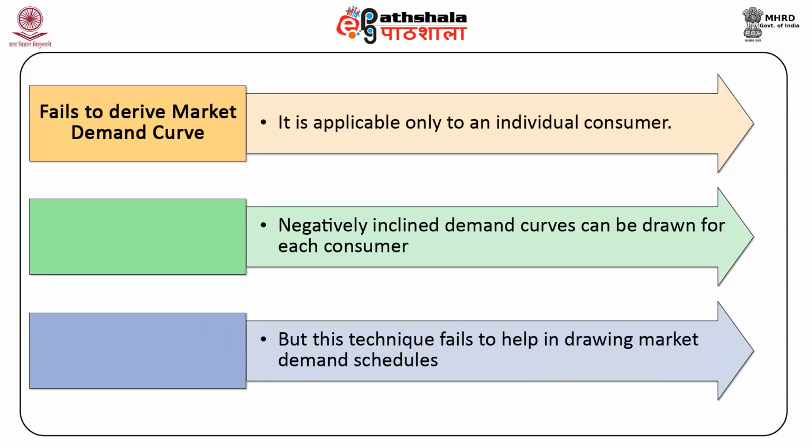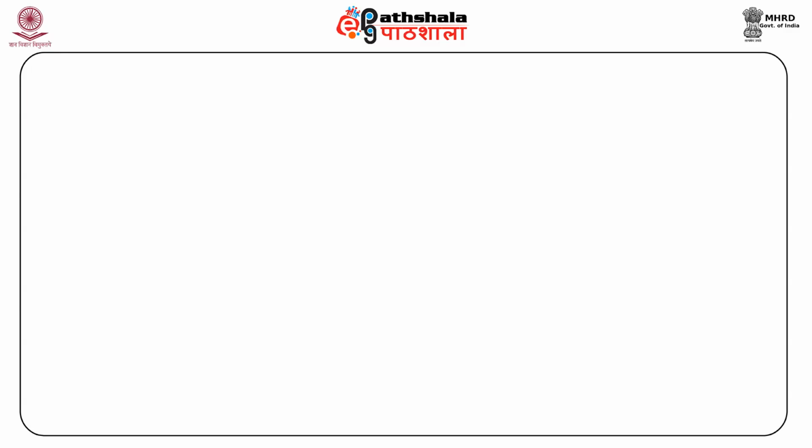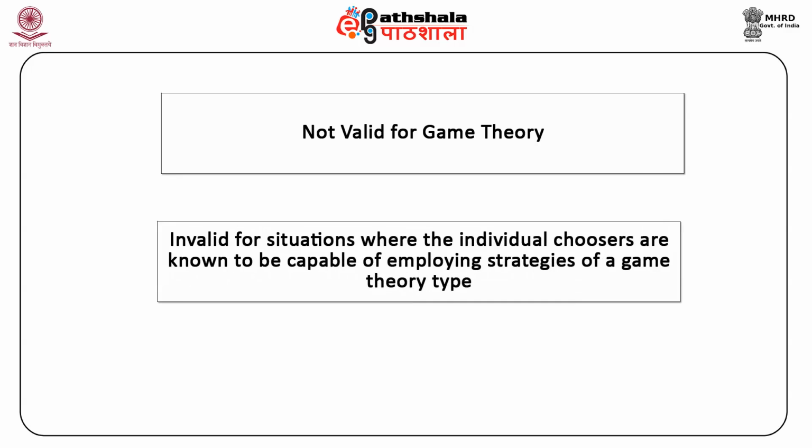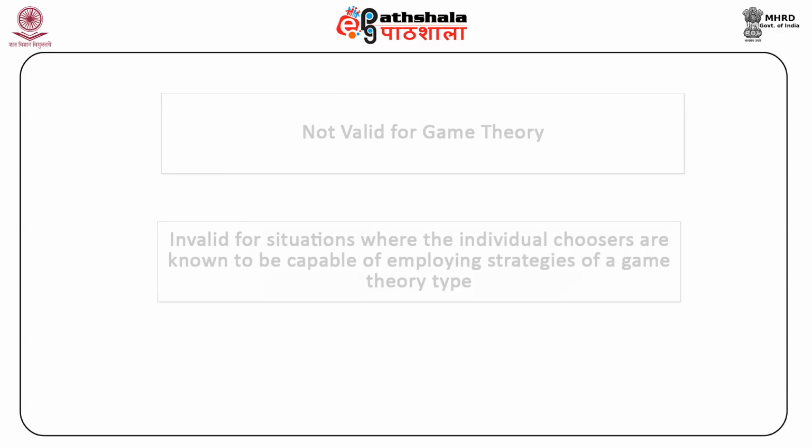But this technique fails to help in drawing market demand schedules. Sixth, it is not valid for game theory. According to Tapas Majumdar, the revealed preference hypothesis is invalid for situations where the individual choosers are known to be capable of employing strategies of a game theory type.